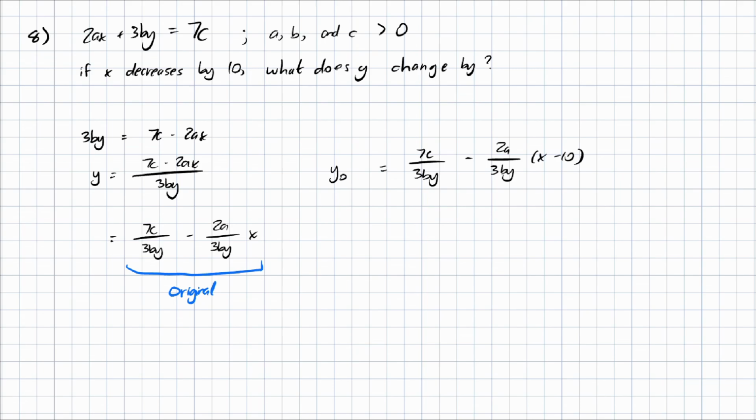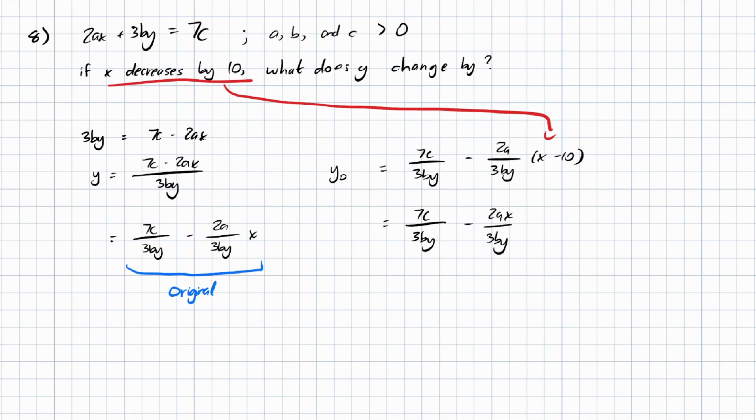This is from a decrease by 10, right? So this is my new y function. You simplify this, you get 7c over 3b minus 2a over 3b times x plus 20a. Wait, I am definitely missing something here.